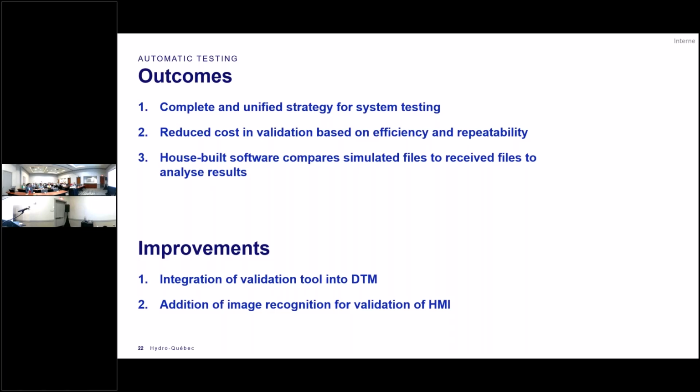Yeah, so this was more traditional. It's the only component that was not using DTM. So it was the specific test set software that allowed us to do it.